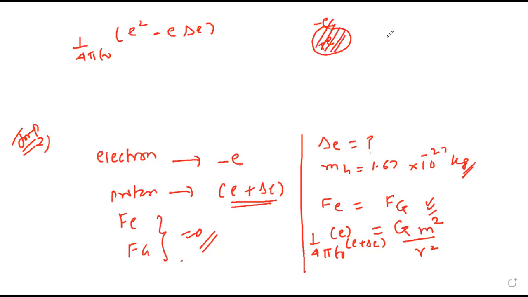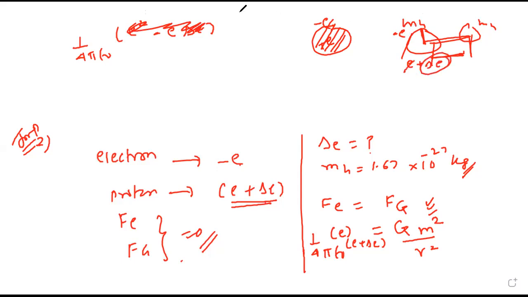Yes, sir. But because it was greater by delta E, see, this is a hydrogen mass, and this is another hydrogen mass separated by a certain distance. Now don't get confused with this distance. If this has minus E and this has E plus delta E, it will get cancelled. Net charge is delta E on the first hydrogen, or not?